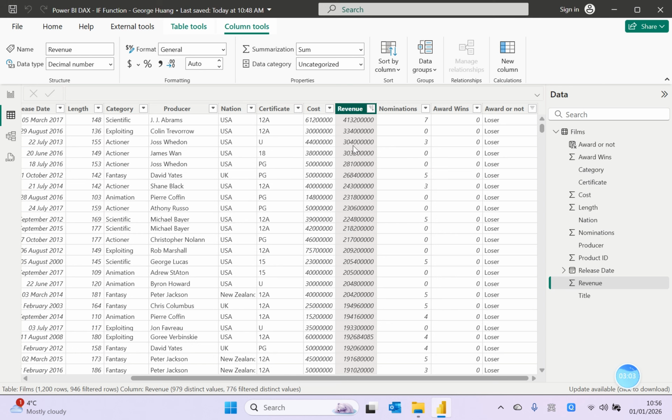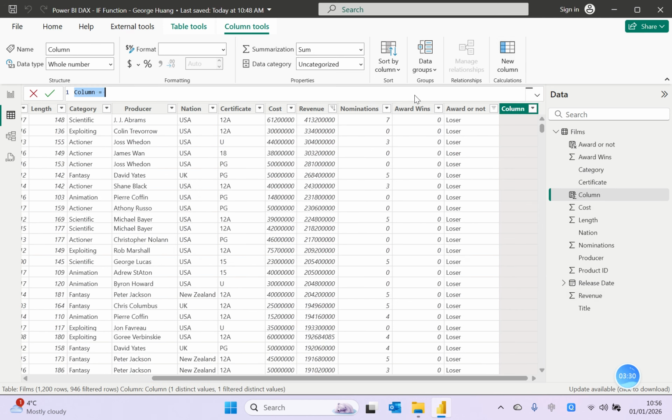Then, if the movie has a box office larger than 100 million, then we levy the tax of 20% on it. Otherwise, we just levy the tax at 10%. Okay, let's try that. We call it tax on revenue.